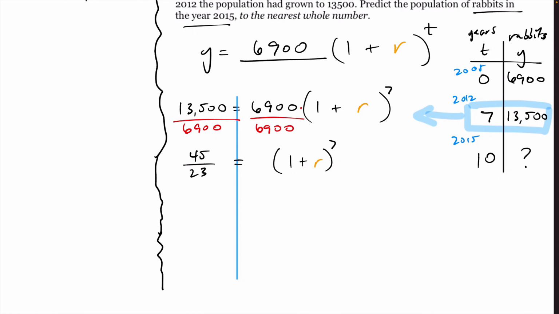What's my next step? A root, right? So this one needs a root, a 7th root. So this side is going to go away, the root and the power. The other side, go back to your calculator, and if you put that in there, it will actually read it. It'll give you a decimal.